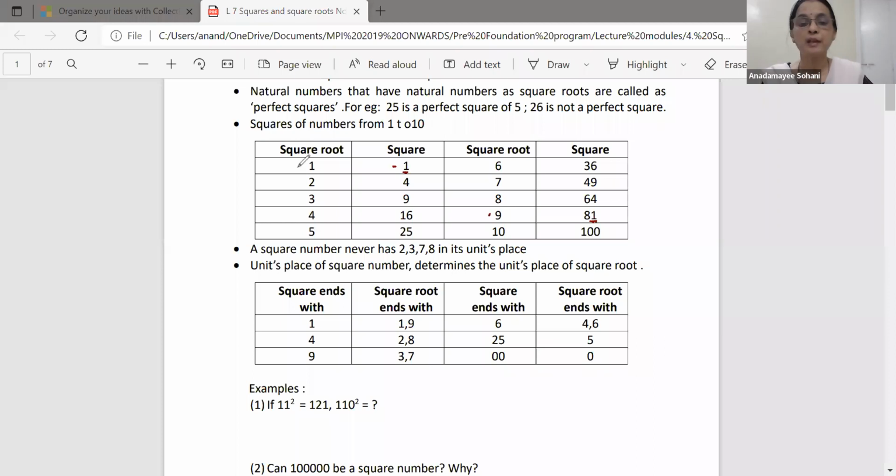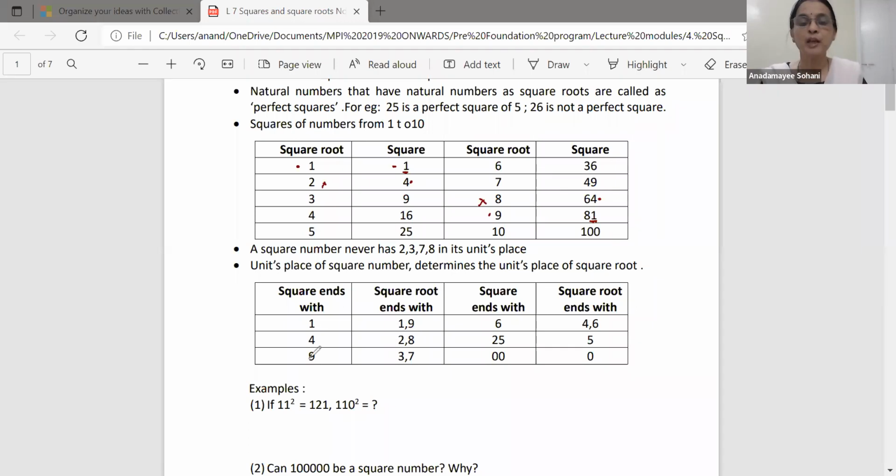If the square is ending with 4, then the square root will end with 2 or 8.